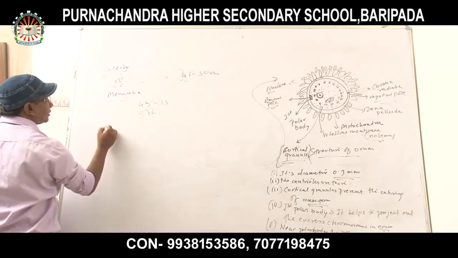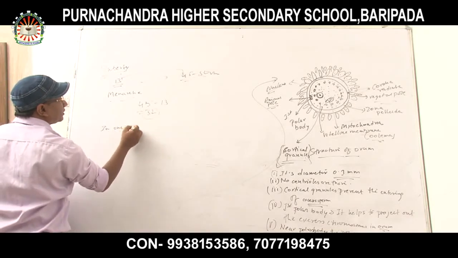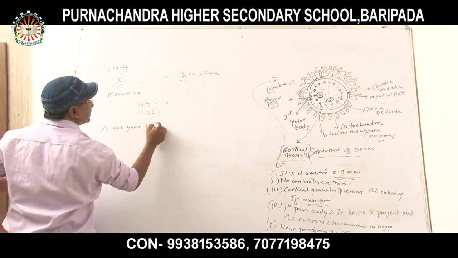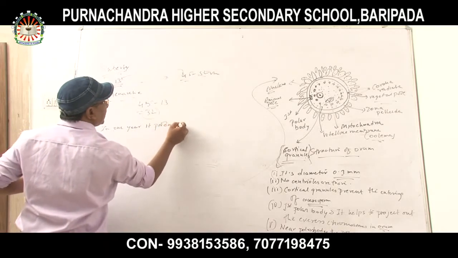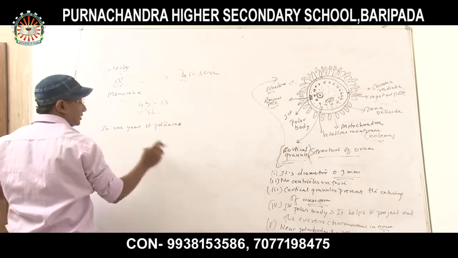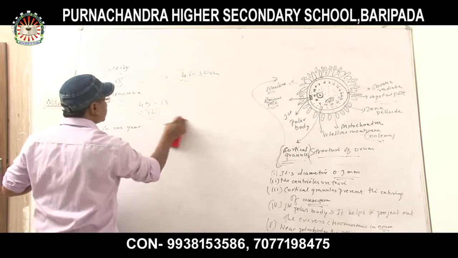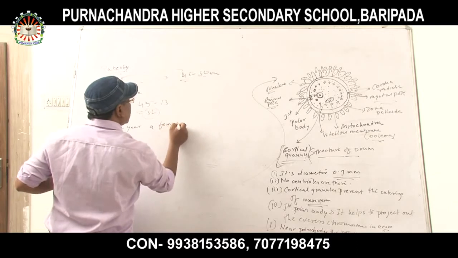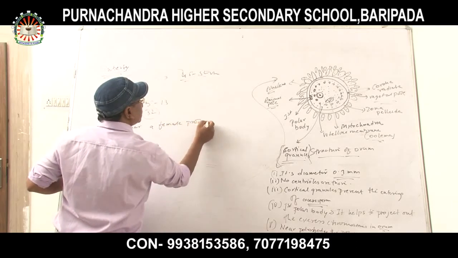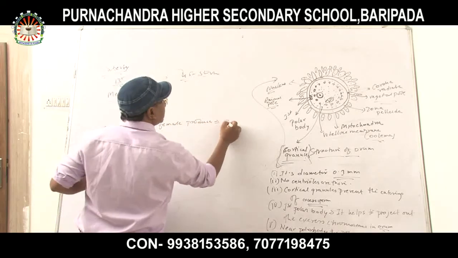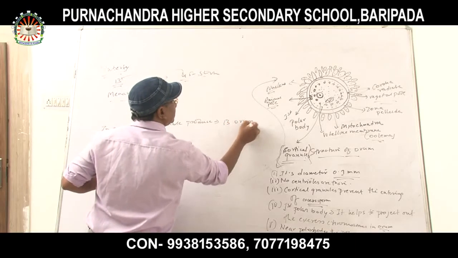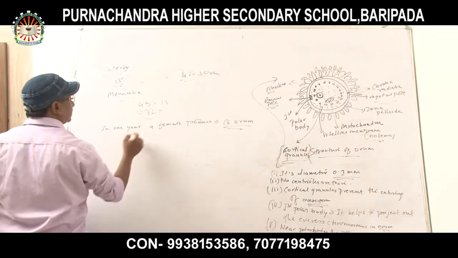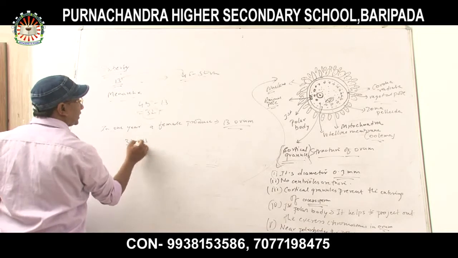In 1 year, a female produces 13 ova. Now you multiply it: 32 into 13.